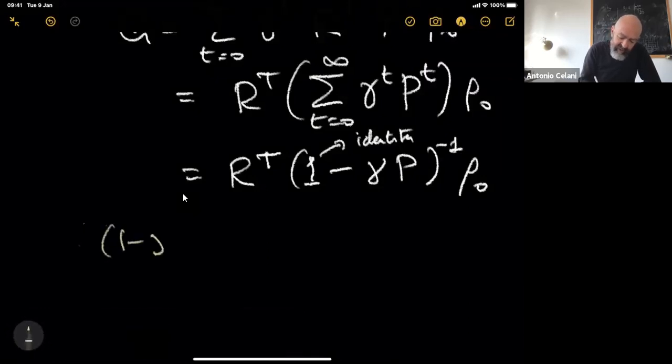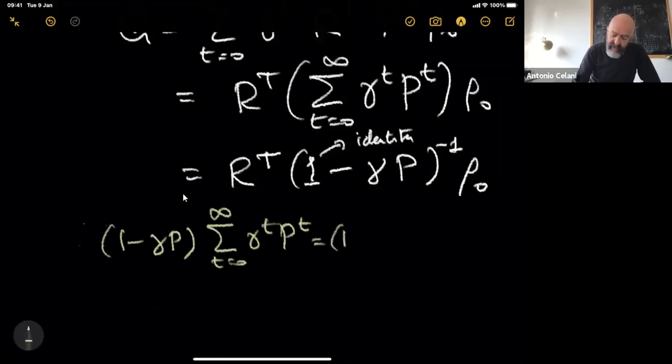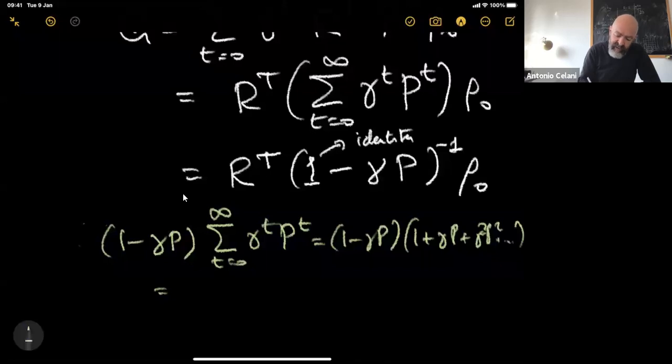So 1 minus gamma p times this sum: 1 minus gamma p times 1 plus gamma p plus gamma squared p squared plus etc. When we distribute the product, we get 1 minus gamma p, then this times this plus gamma p, this times this minus gamma squared p squared, this times 1 plus gamma squared p squared.